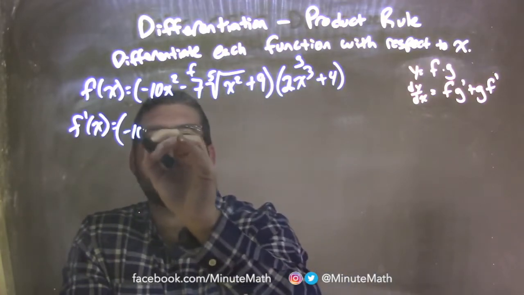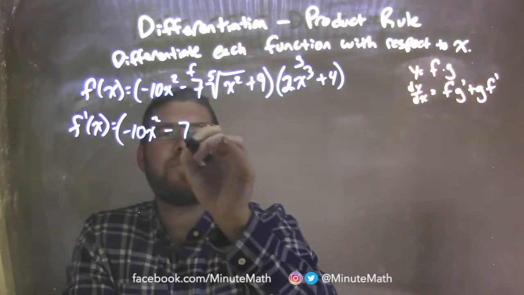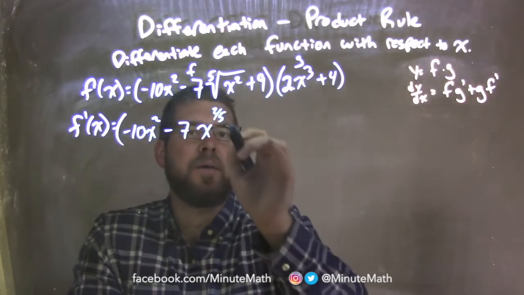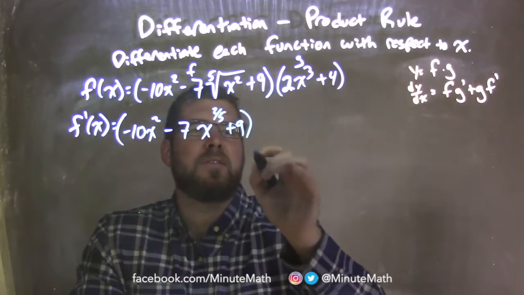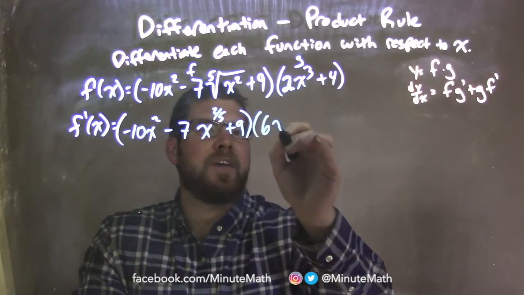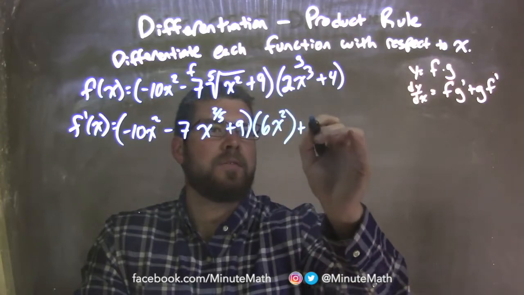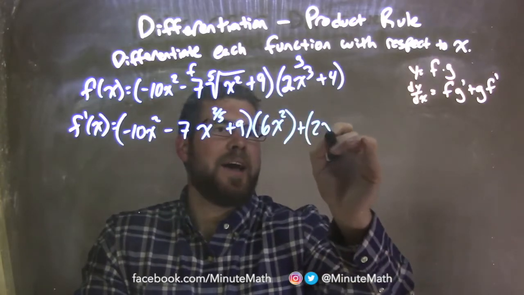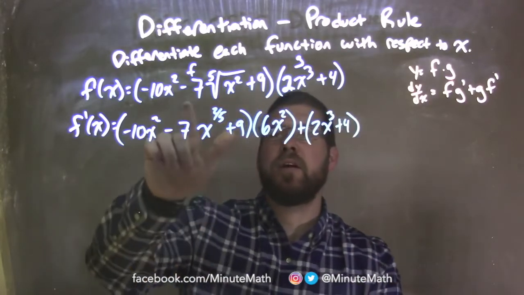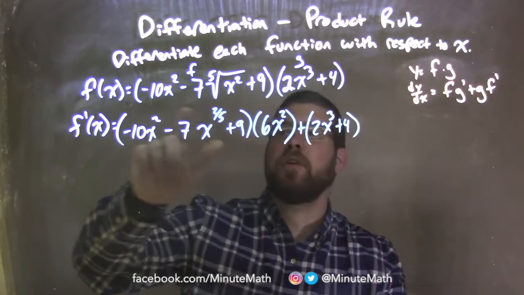So we have negative 10x squared minus 7 times x to the 2/5 power, plus 9, times the derivative of our g function, which is 6x squared, plus our first function, 2x to the third plus 4, times the derivative of the second, times the derivative of the first, which is up here.